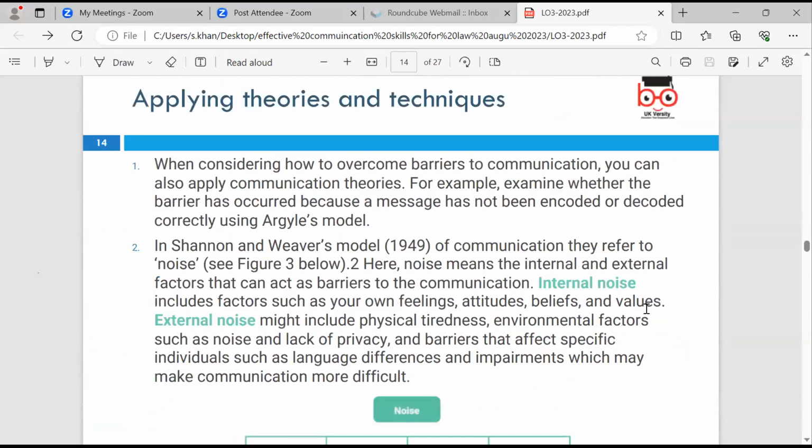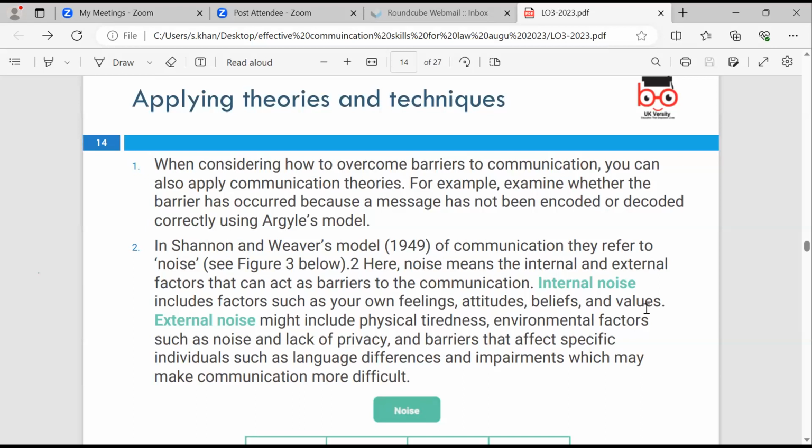Applying theories and techniques. When considering how to overcome barriers to communication, you can also apply communication theories. For example, you examine whether a barrier has occurred because a message has not been encoded or decoded correctly, using Argyle's model. In Shannon and Weaver's 1949 model of communication, they refer to noise.